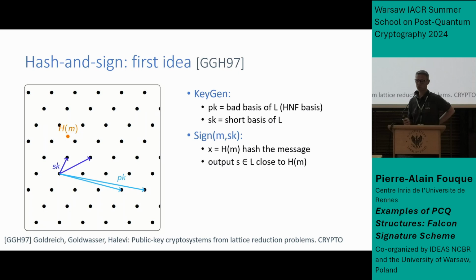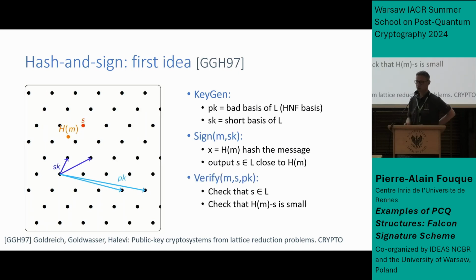If you want to sign a message using the secret key, you just hash the message, and this will give you some value x. Here you use this short secret key to find a close lattice point to this value.